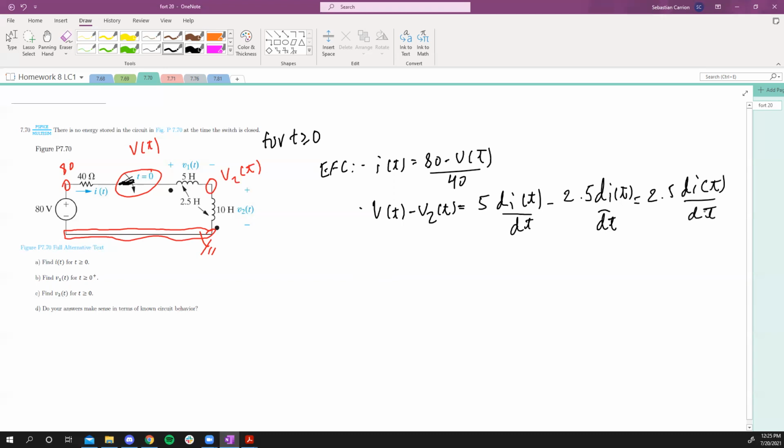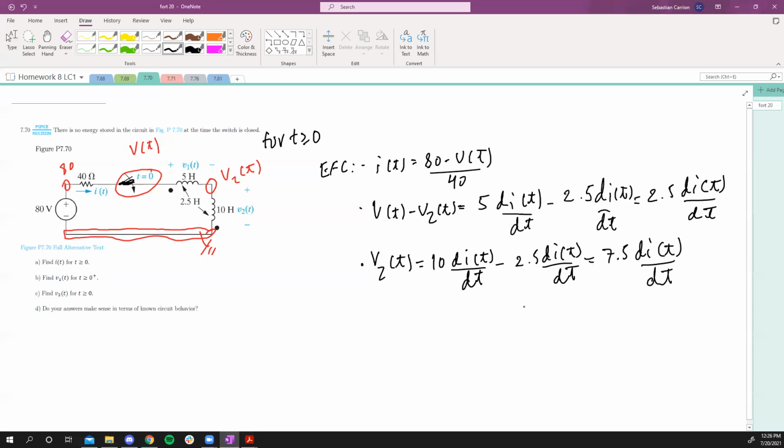We can go ahead for our second one, our v2(t). We know that v2(t) is equal to 10 di(t)/dt minus 2.5 di(t)/dt. Right, so this is 7.5 di(t)/dt.